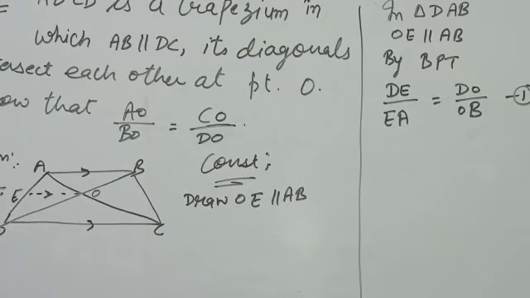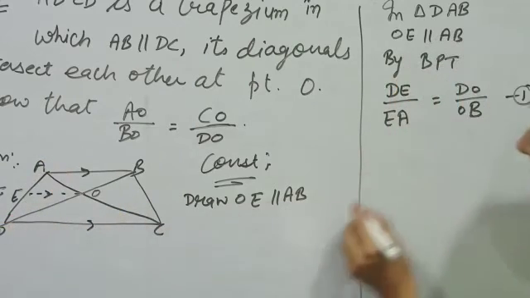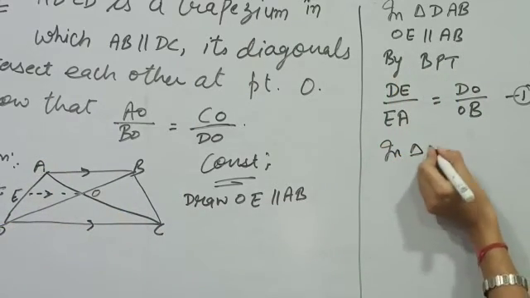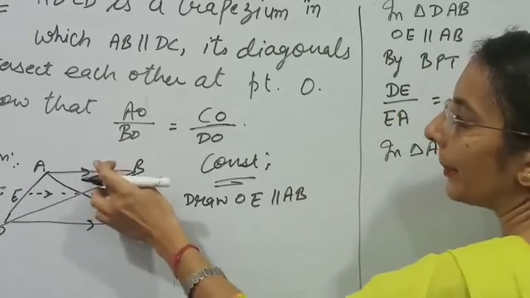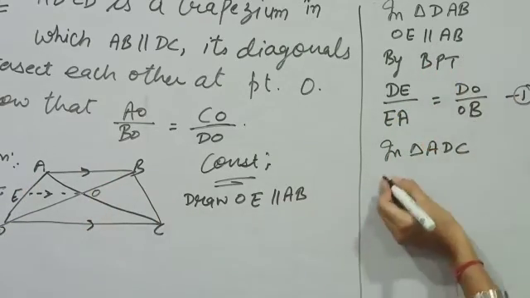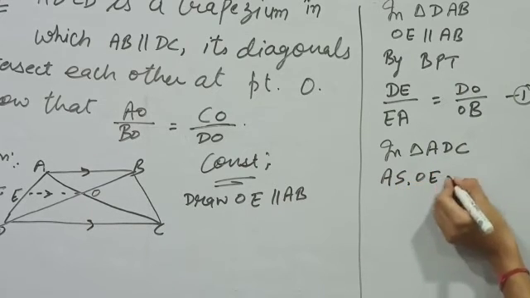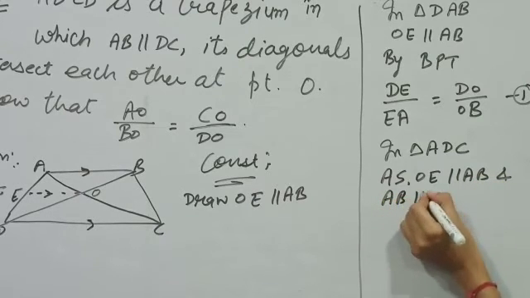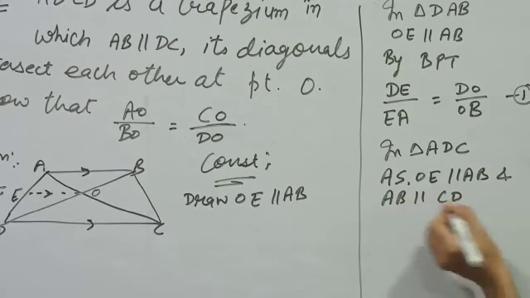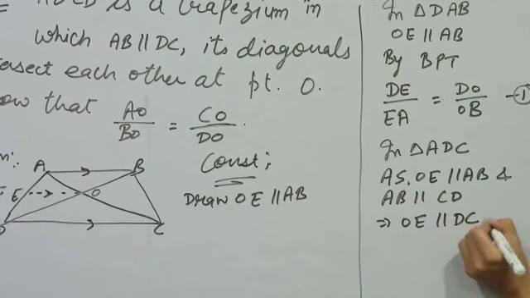Similarly, in triangle ADC, OE is parallel to AB and AB is parallel to CD, as already given. So OE is also parallel to DC.